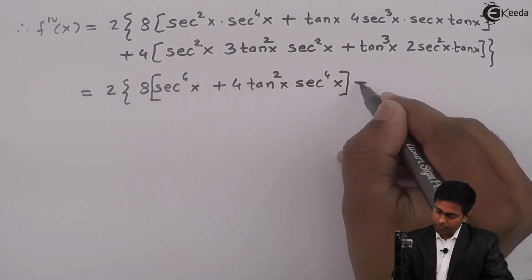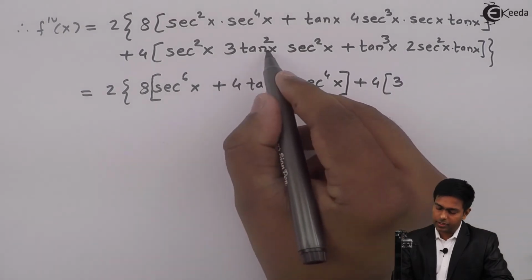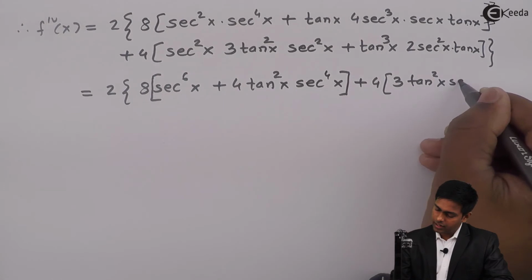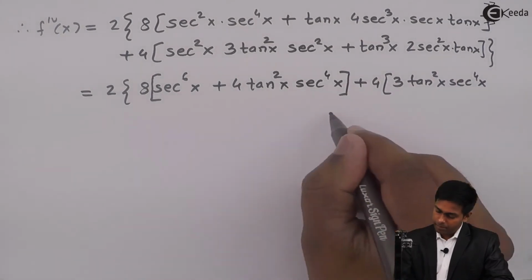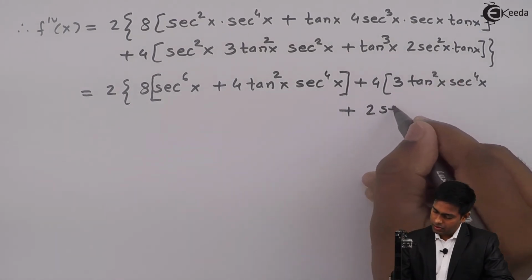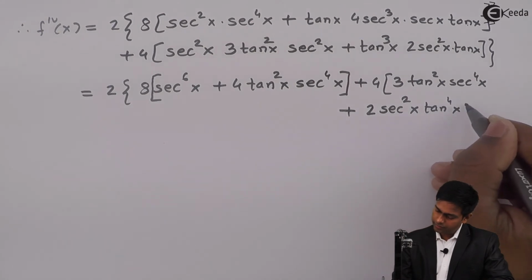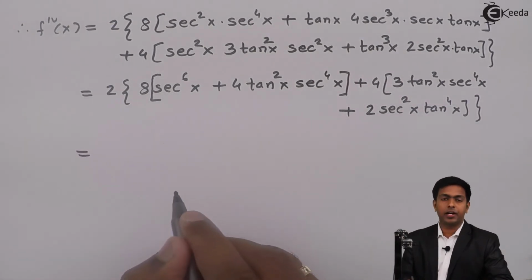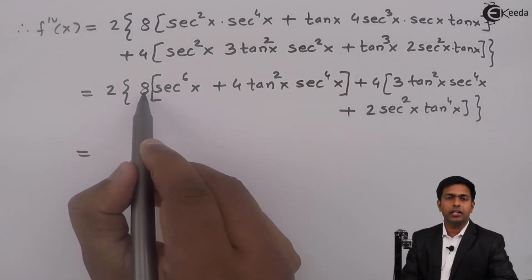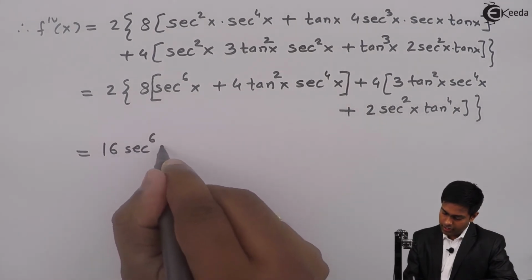Next, plus 4 times, here we'll get 3 times tan square x sec raised to 4x, plus here we'll get 2 times sec square x tan raised to 4x. If we expand it further, here we'll get 2 into 8, that is 16, so 16 times sec raised to 6x.